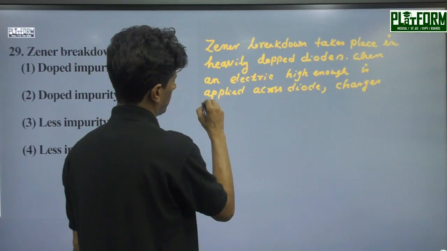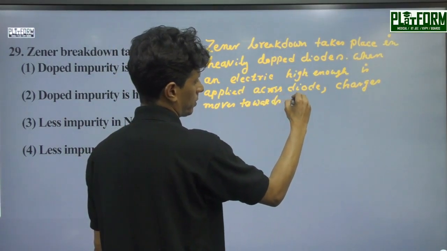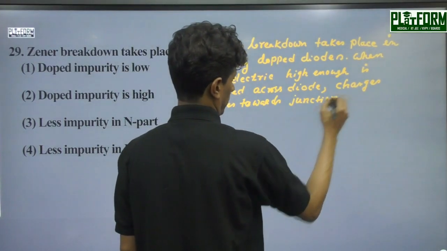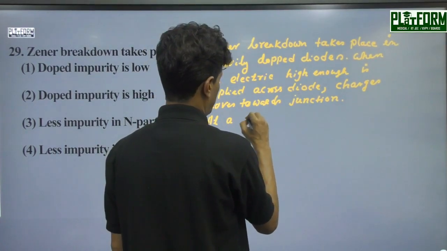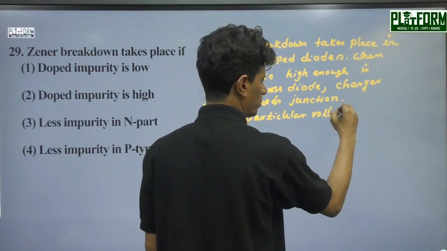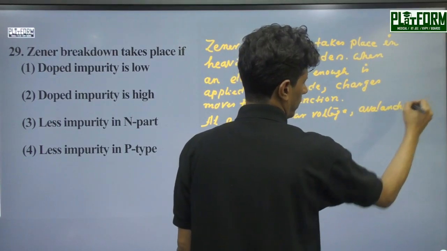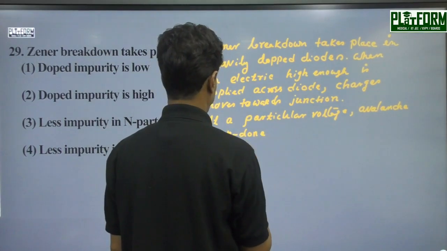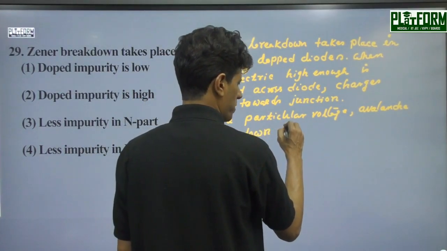Charges move towards the junction, and at a certain particular voltage avalanche breakdown takes place.